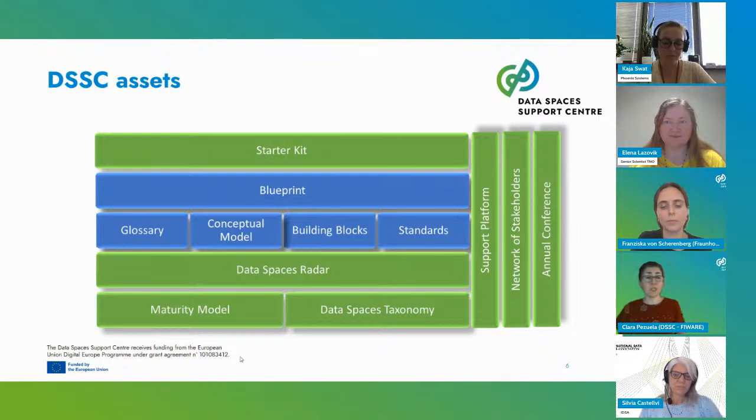It will also deliver a kind of radar where the data spaces will be positioned according to their maturity and to the different features of the data space. And everything supported by a platform, a digital platform, where the data spaces may share this knowledge, and the network of stakeholders that is formed by the data spaces, but also by other relevant stakeholders in the community.